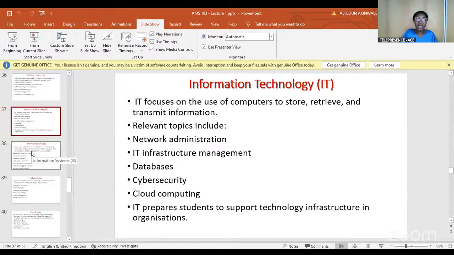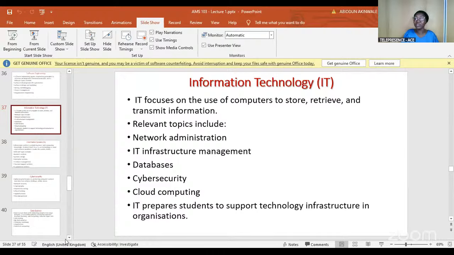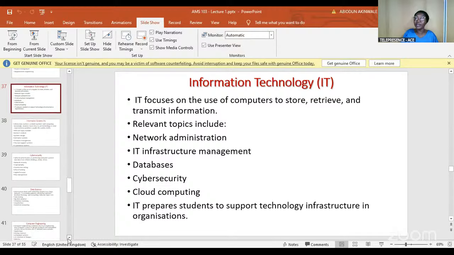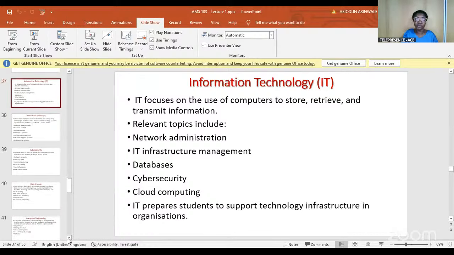Cybersecurity is related to information technology. Today's biggest challenge, I can tell you, is cybersecurity when it comes to computing, engineering, and all the related fields. Cybersecurity is a world on its own where you see the bad boys, like thieves, who lock themselves in a very secret place where nobody will be able to identify or find them.